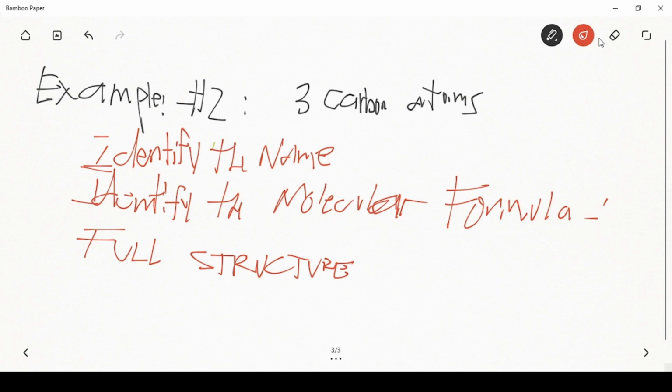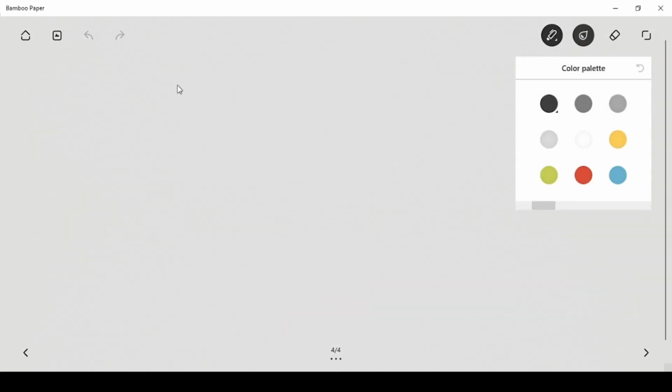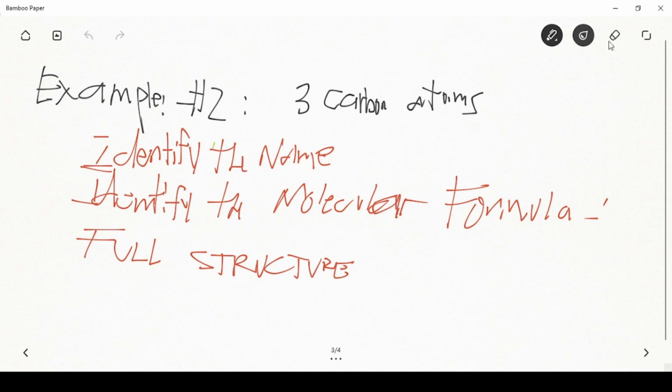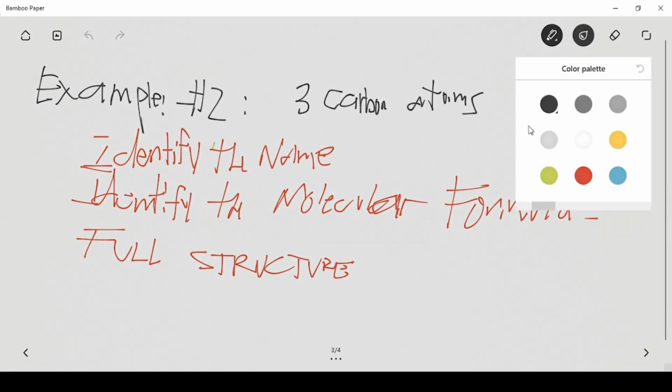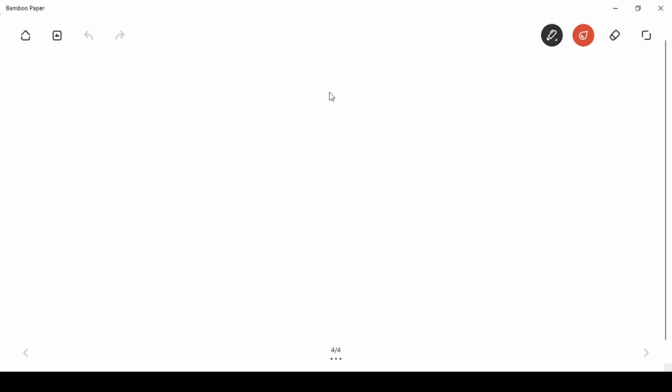Now let's go to identifying the name first. So example number 2. Okay, now the name. The first thing you need to do in getting the name of the compound is to identify the number of carbons first. Now, the given here in example number 2 is 3 carbon atoms. So we need to write 3 carbons.